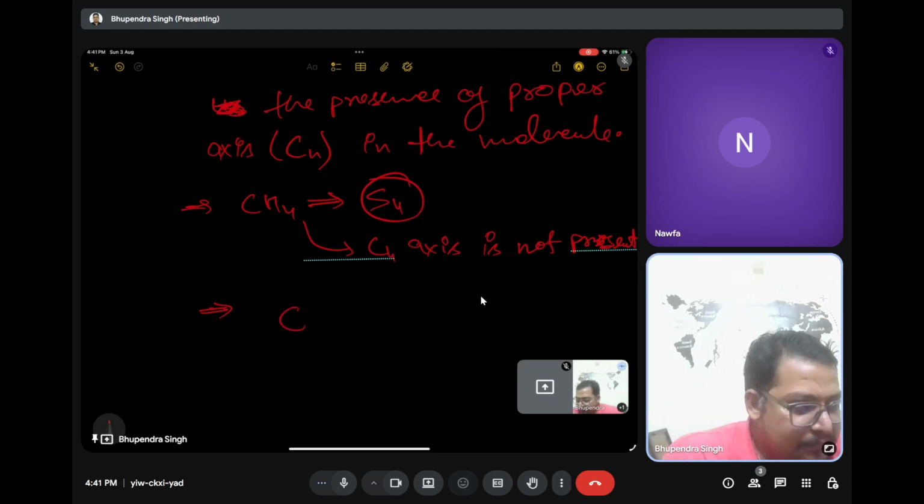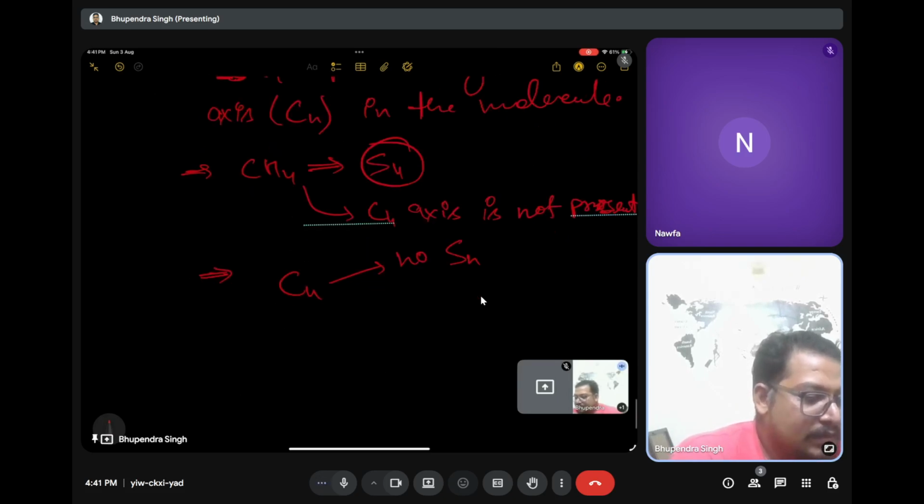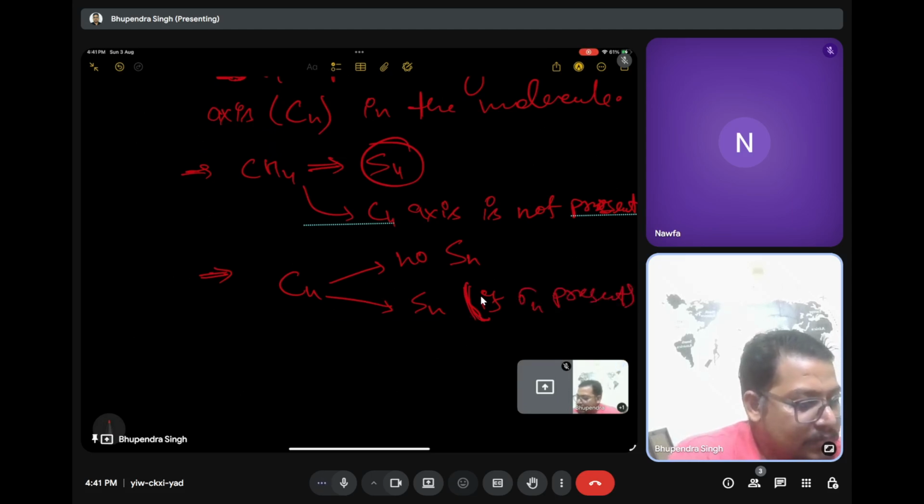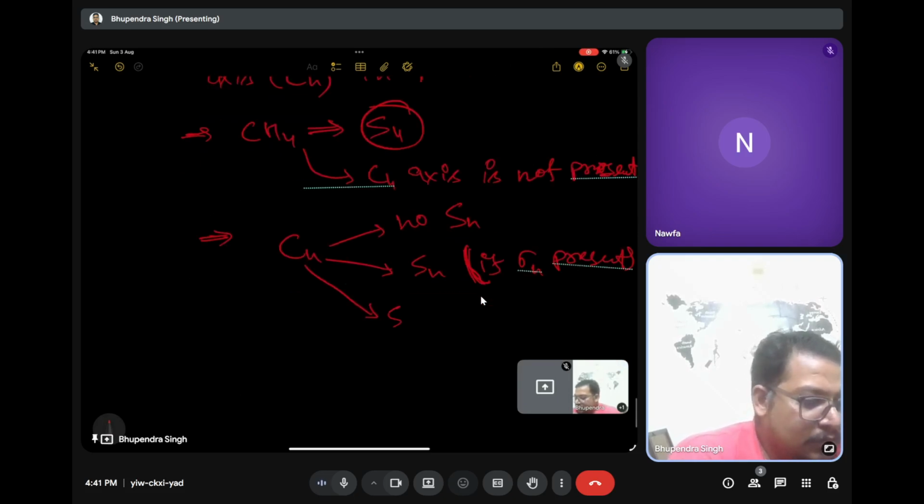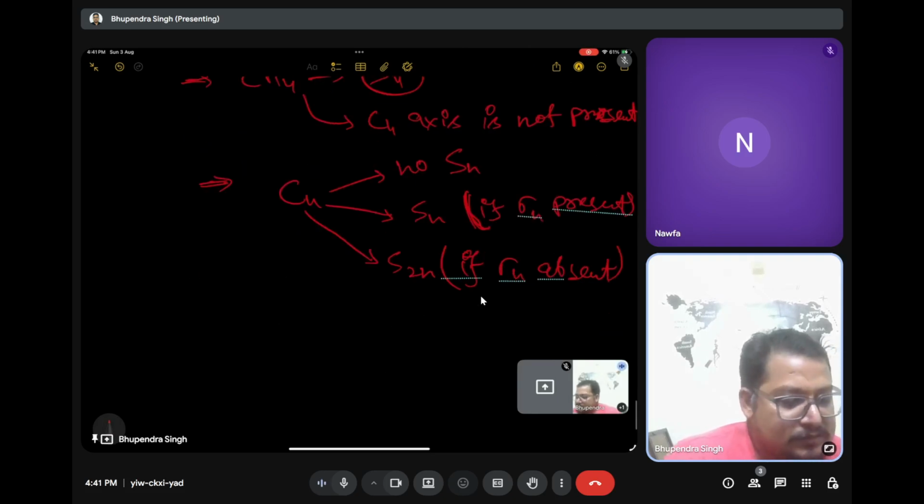Similarly, if Cn is there, meaning a proper axis of symmetry, one case is that no improper axis is present; Sn may be present if sigma h is present, and sigma 2n is also present if sigma h is absent. So this I will explain.